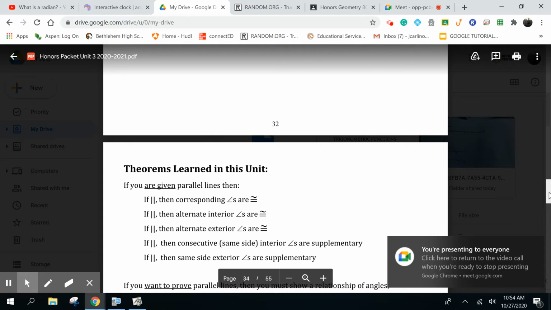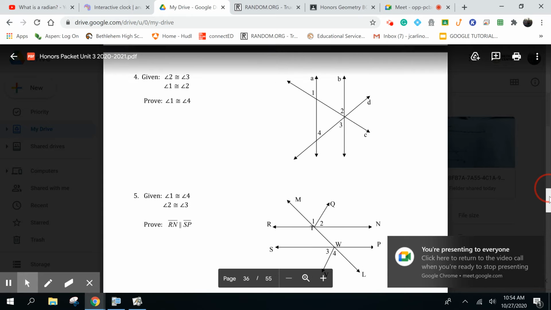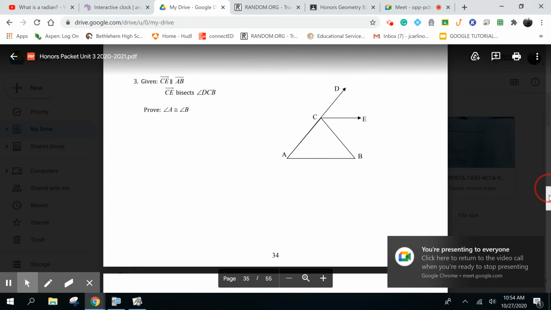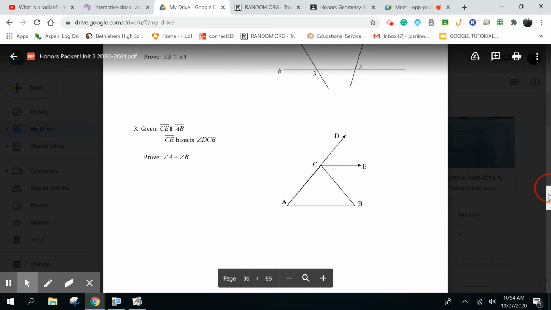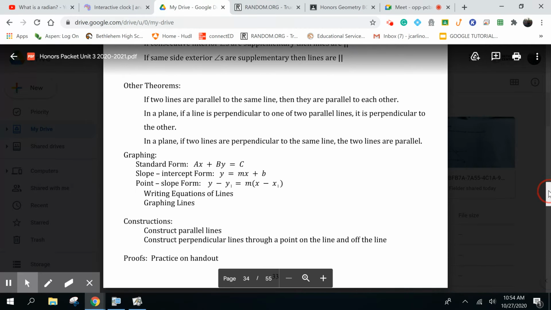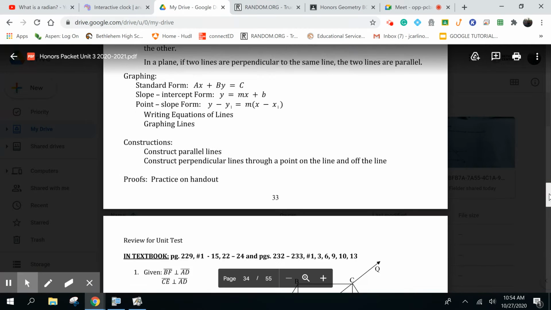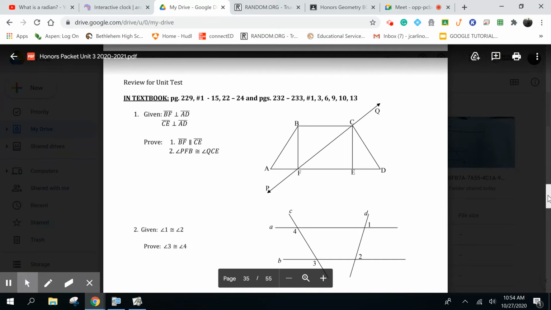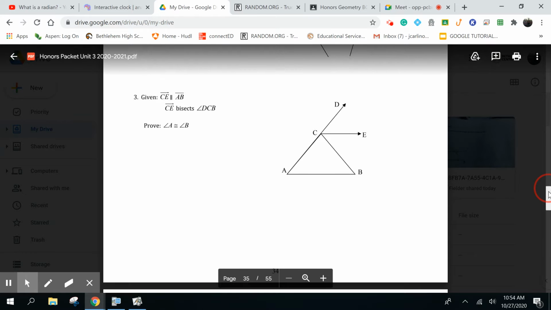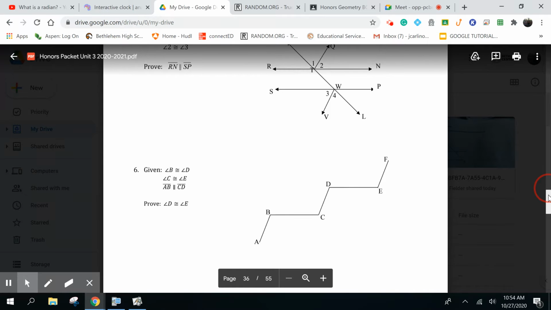And then if you actually want some algebra questions, some slope questions, writing equations of lines questions, right at the beginning of your review, you'll see textbook questions we suggest. Textbook questions, page 229 and page 232 to 233.